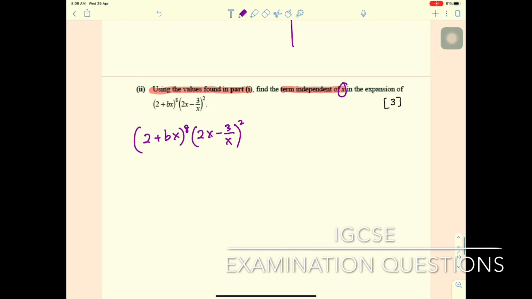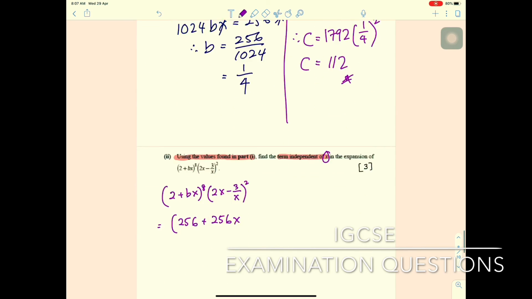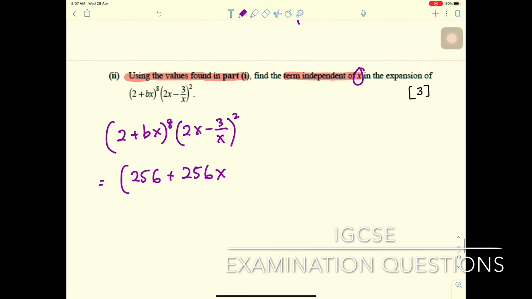So this equals the first three terms, 256 plus 256x, from the first question, plus 112x squared, times (2x minus 3 over x) squared.